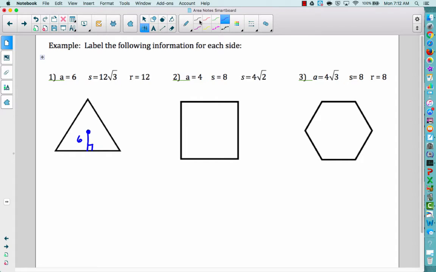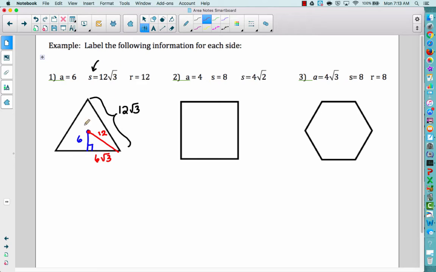All right, a side. S is side. So the side of the figure would be 12 root 3. The whole thing would be 12 root 3. And then the radius would go from that center like that, and that would be 12. Now, you may notice that if the apothem goes to the opposite side at its midpoint, then it makes this part right here 6 root 3.